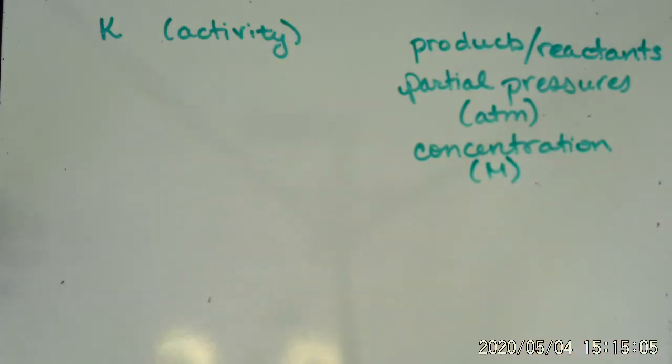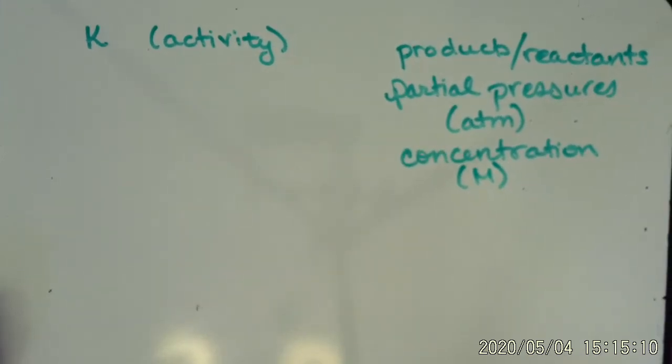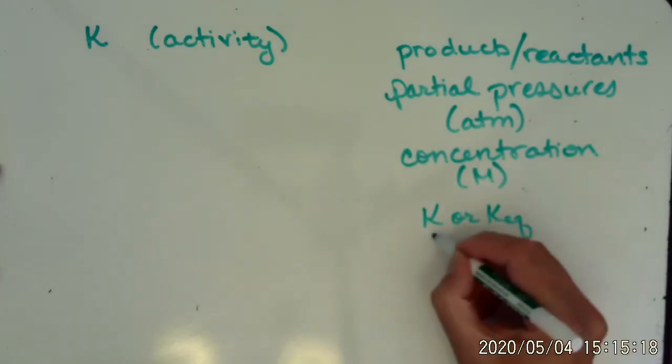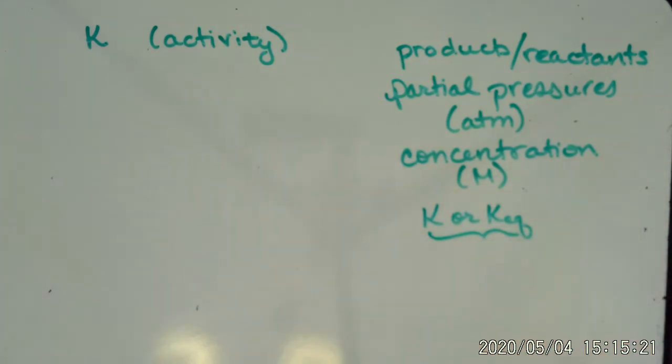Now, what happens if you have a reaction that has both gases and solutions? You might see us write K or Keq, and that may represent a combination of the two. Does this happen? Yes. When will it happen? When you start looking at next semester and we start doing a lot of work with the Nernst equation. However, we're going to just focus on very consistent types of units.